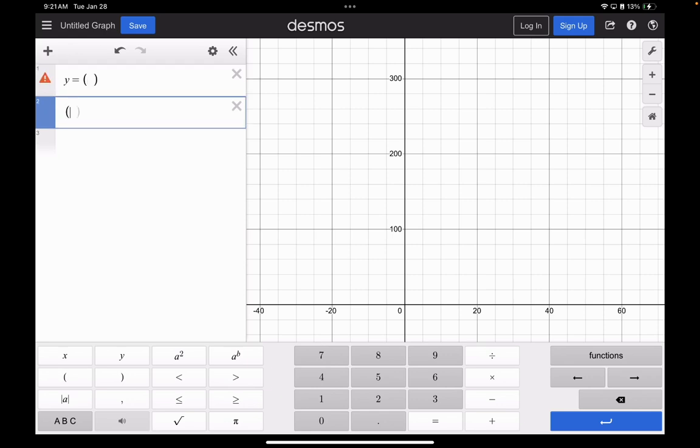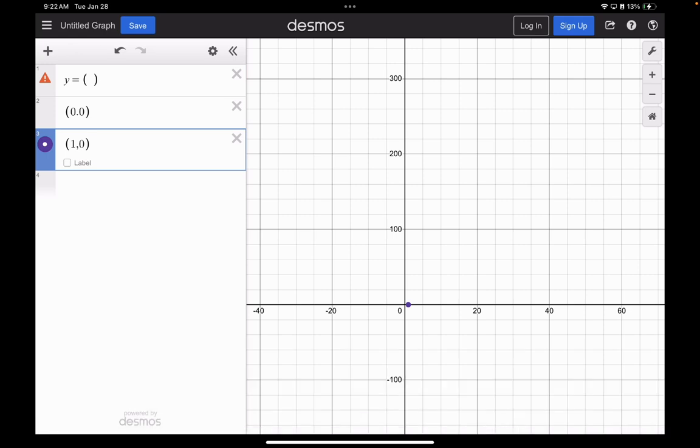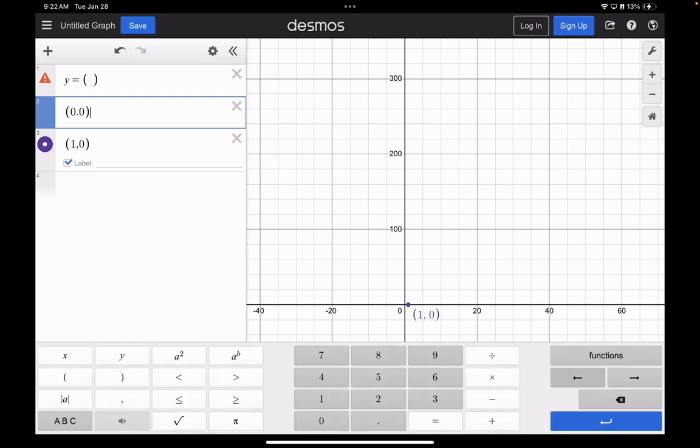I would just put open parenthesis, 0, comma 0. I can plot that point, and the other, 1, comma 0. But in addition to the points, I want to graph the function. Oh, I put a period. I meant to put a comma.